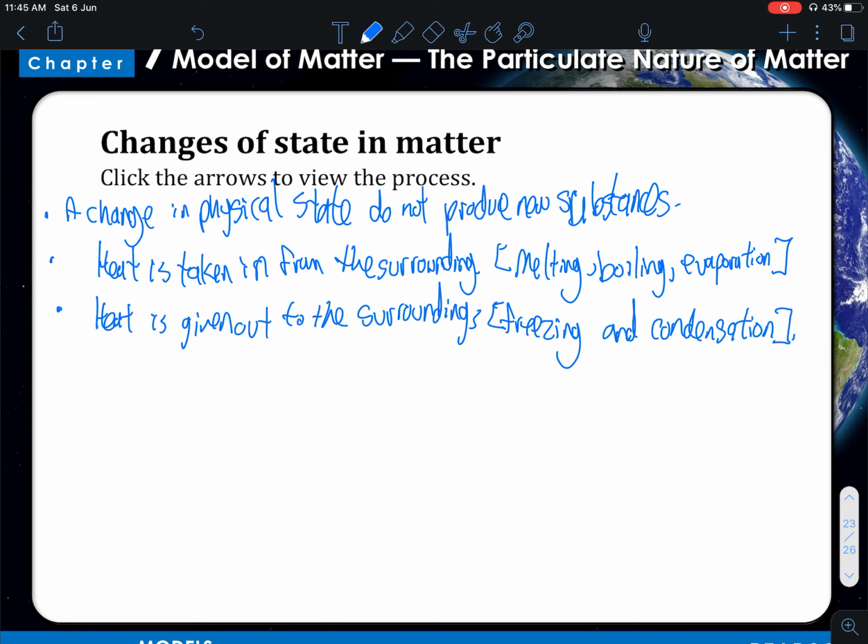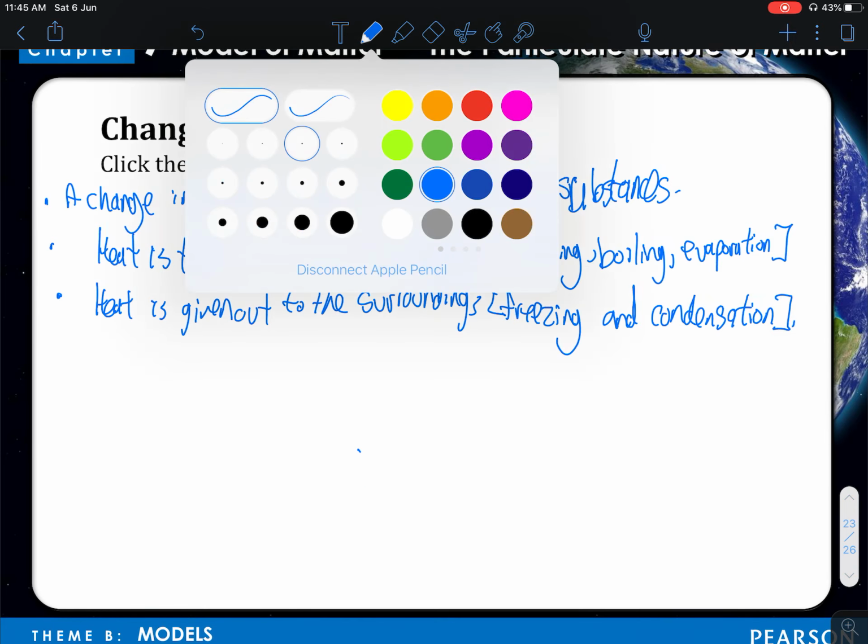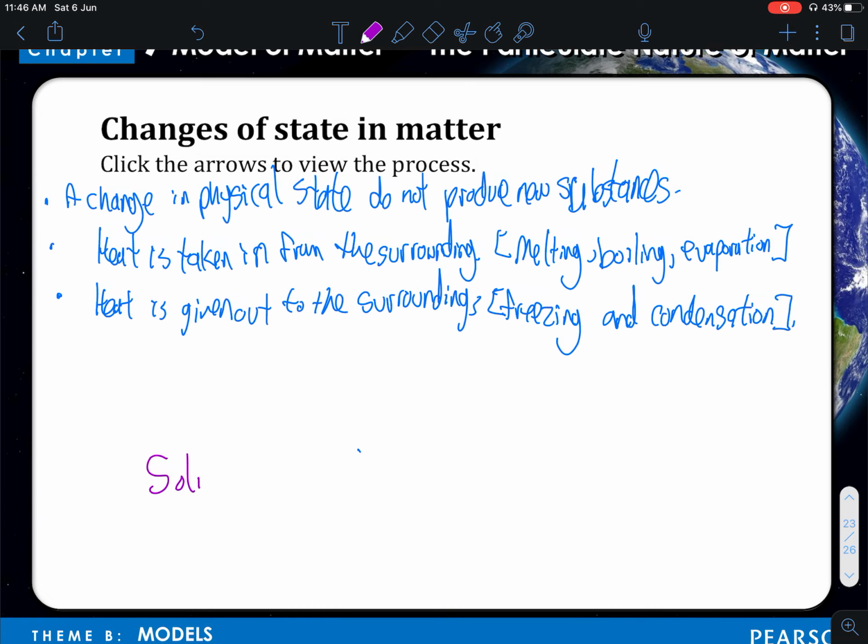Okay, in other words, if I were to draw a very simplified diagram, so we start off with solid, liquid. Okay, let me change the color first. I have three states of matter: solid, liquid, and gas.